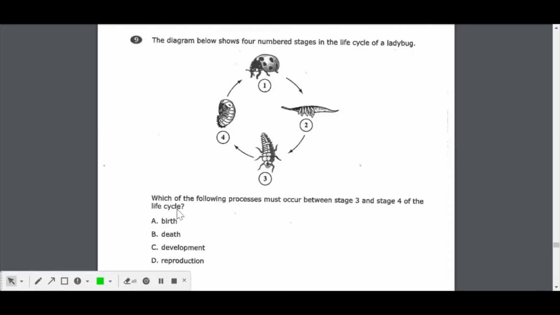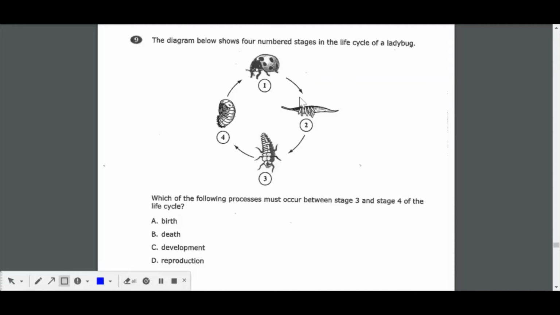It's asking which of the following must occur between stage 3 and stage 4 of the life cycle. So we're looking at stage 3 and stage 4. For stage 3, we have a full-grown, sorry, wrong word. We know that this is what a ladybug normally looks like.